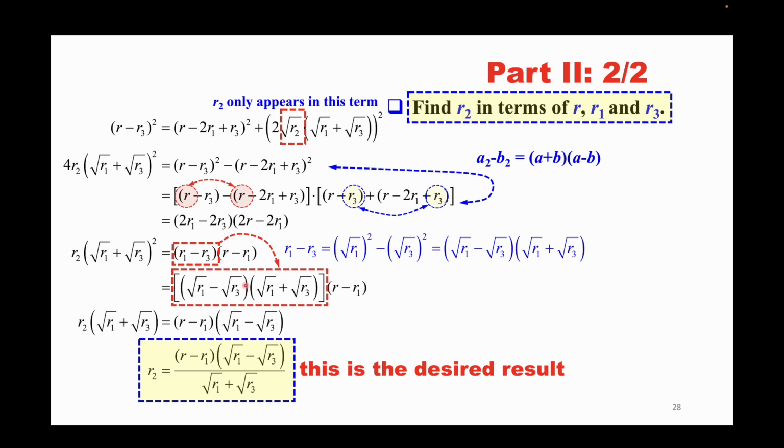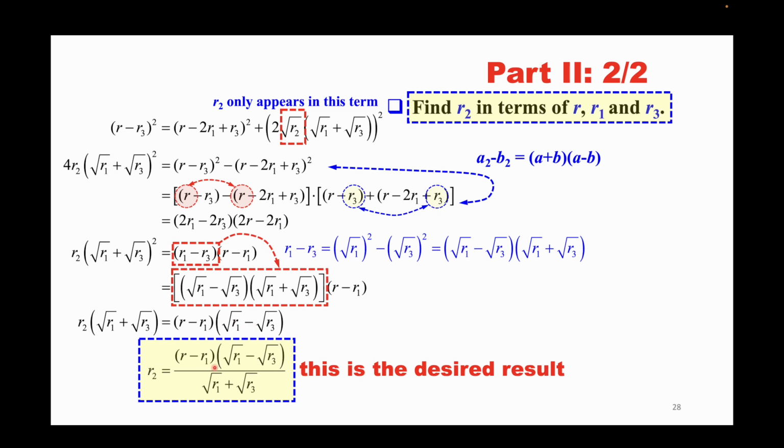So plug this part into here. Immediately we notice that we have this common factor, this one and this one. They cancel each other. As a result, the left-hand side becomes R2 times the square root of R1 plus the square root of R3. On the right-hand side, we have R minus R1 here and the remaining term here.